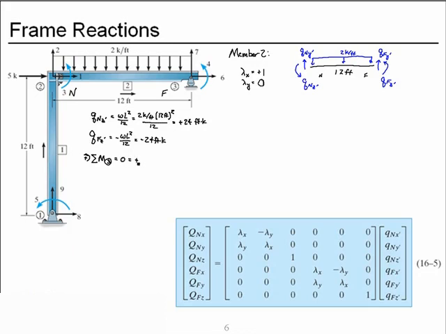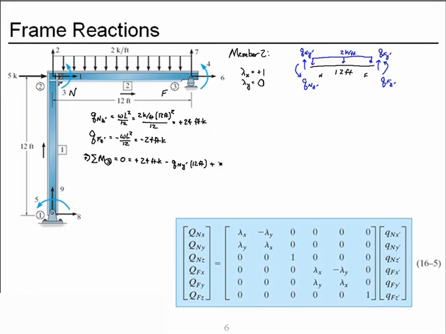We get a positive contribution from the left end fixed end force, a negative contribution from the left end fixed end force QNY prime, so positive from the moment, negative from the shear, and that acts through 12 feet.